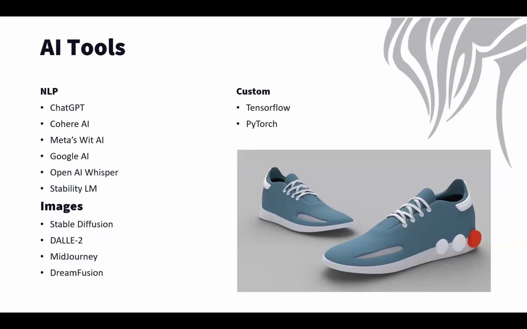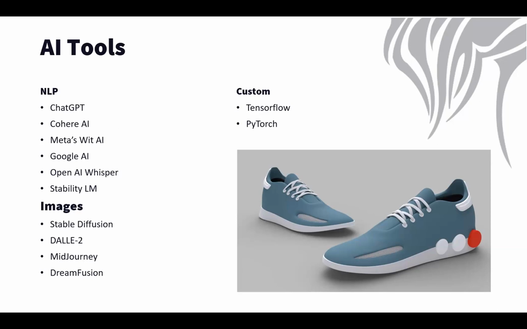Some of the AI tools that we've seen out there that can be quite useful in this: of course, there's ChatGPT for generating responses. Cohere AI is kind of like a competitor for OpenAI. They have interesting models. There's Meta's Wit AI.